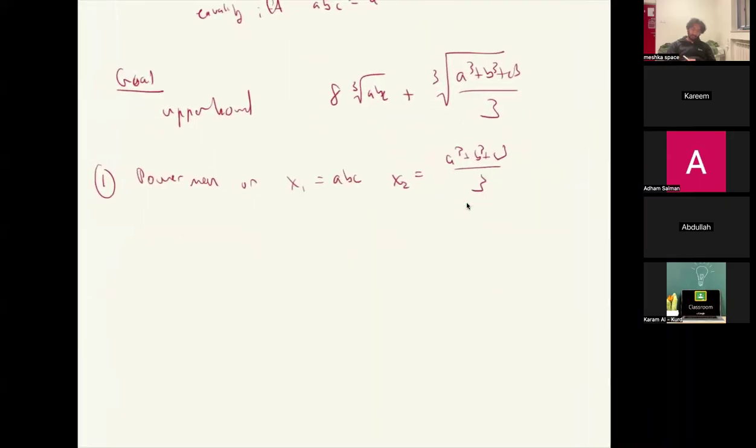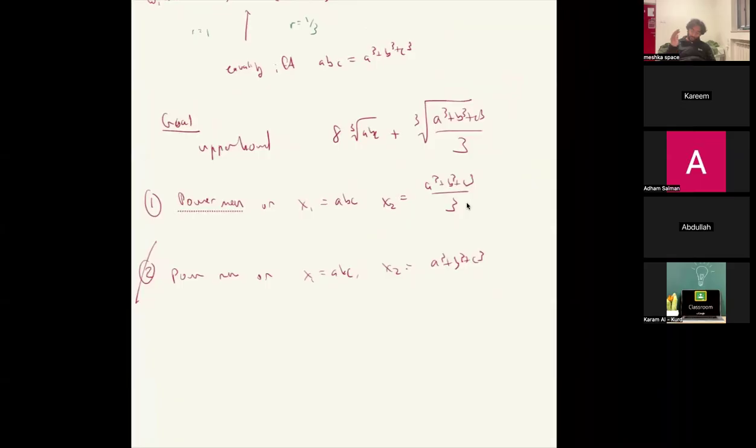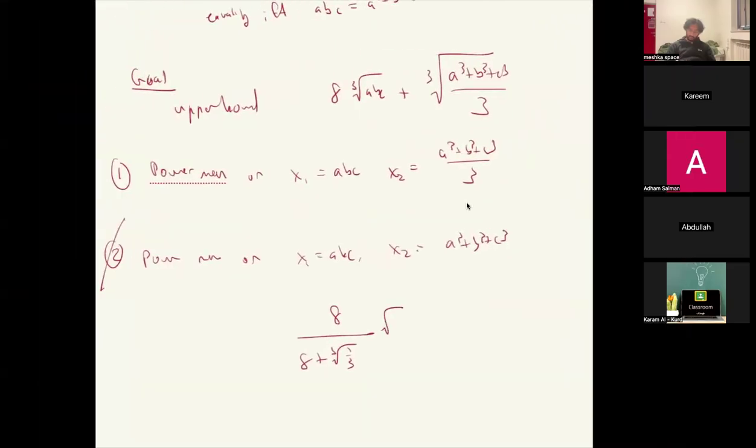But what doesn't work is if you use power mean on x1 is ABC and x2 is A cubed plus B cubed plus C cubed, right? Because okay, you can modify the weight to get this. So what we can say is 8 over 8 plus cube root of 1 over 3 times cube root of ABC plus cube root of 1 over 3 divided by 8 plus cube root of 1 over 3 times cube root of A cubed plus B cubed plus C cubed.